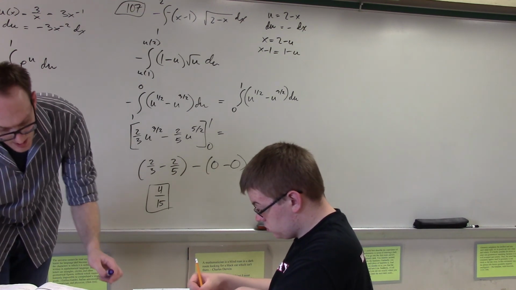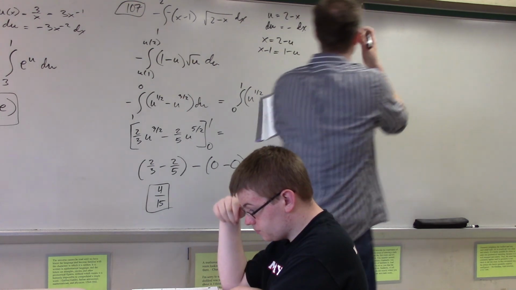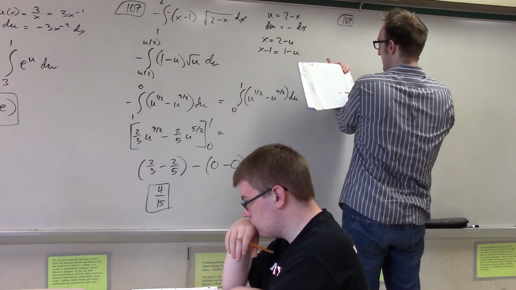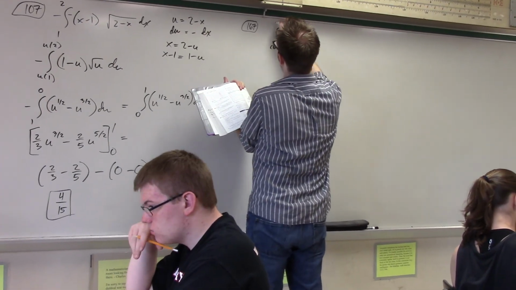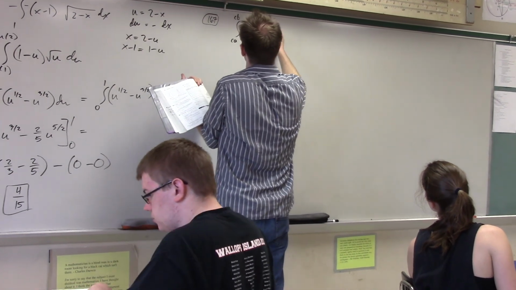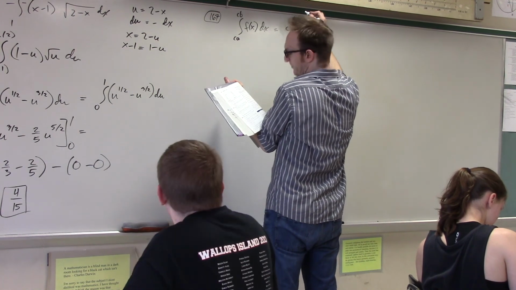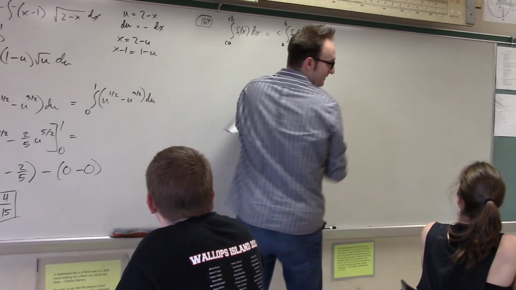167 was a kind of a cool problem, which said prove the following. Prove that the integral from ca to cb of some function is equal to c times the integral from a to b of f of that function.